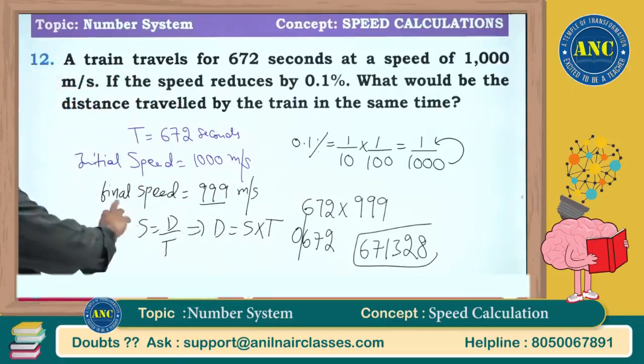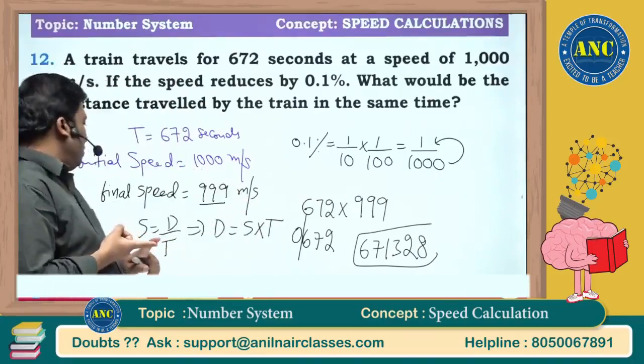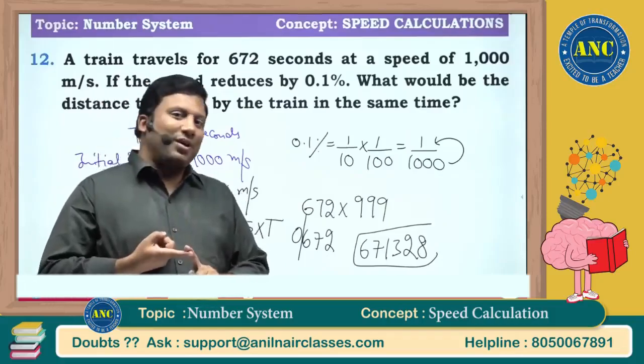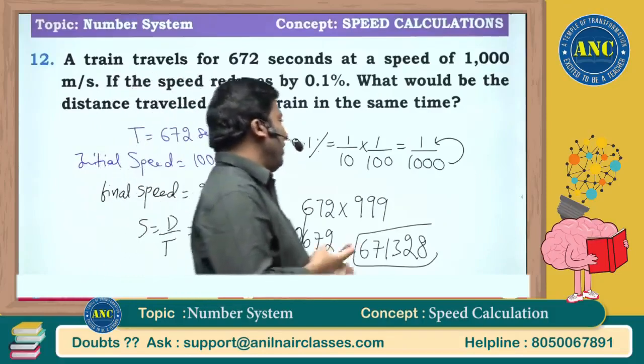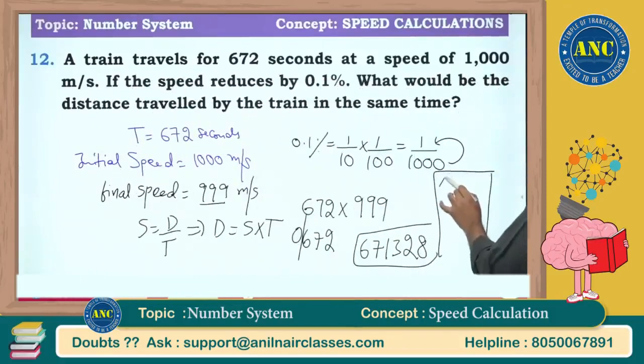The same question, multiplying the numbers by series of 9s. So where can all this be used? Speed into time is a distance. Men into days is equivalent to work. Price into consumption is equivalent to expenditure. Area is equivalent to length into breadth. We can use all these multiplication logics in all these problems.